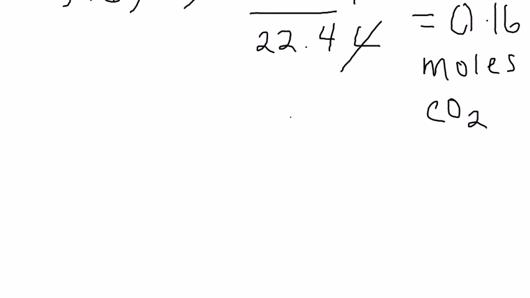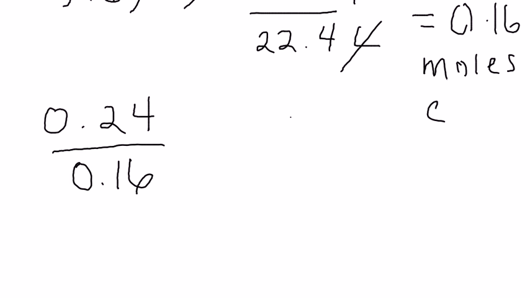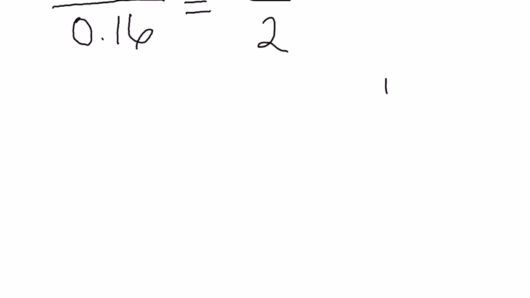So you have to take that 0.24, which is the larger number, which we had calculated as the moles of hydrogen, and divide it, not moles of CO2, moles of carbon, by the 0.16 moles of carbon, which gives you about a 3:2 ratio, which tells you that in order to find the correct empirical formula of the hydrocarbon, you have to have 2 carbons to every 3 hydrogens.